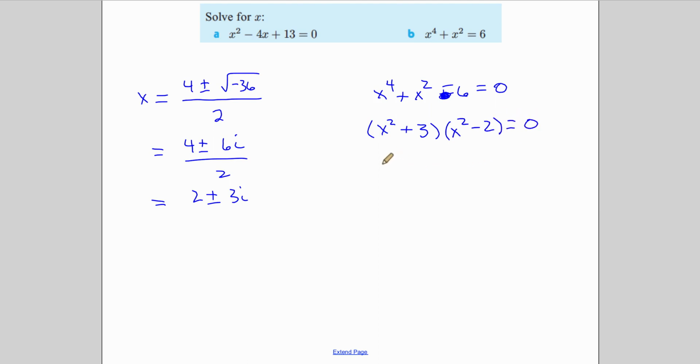Again, ZPP, so we get x squared equals -3, or x squared equals 2. So x here would be equal to plus or minus the square root of 3i, and x here would be equal to plus or minus root 2. So within the real and complex number systems, we have a total of 4 solutions, which we were not able to do before without imaginary numbers.